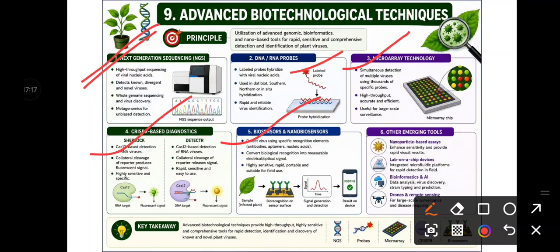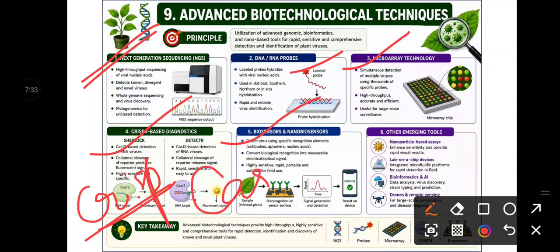CRISPR and Cas. CRISPR is the site, means it will guide the RNA, guide our enzyme, restriction enzyme, to the target sequence. And Cas9 is an endonuclease. Cas9 or Cas12 or Cas13 is also there.